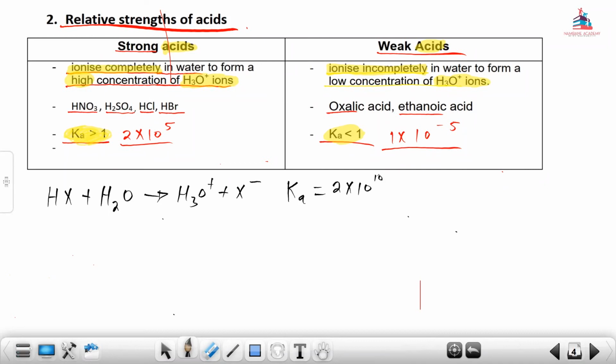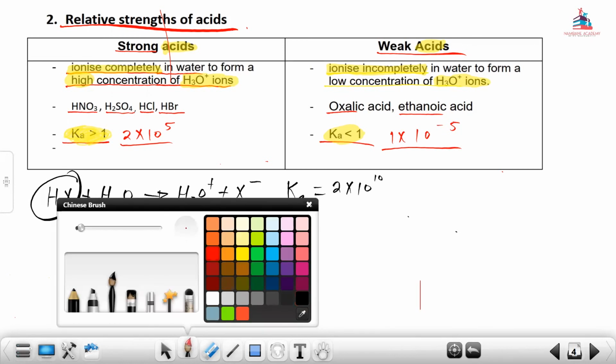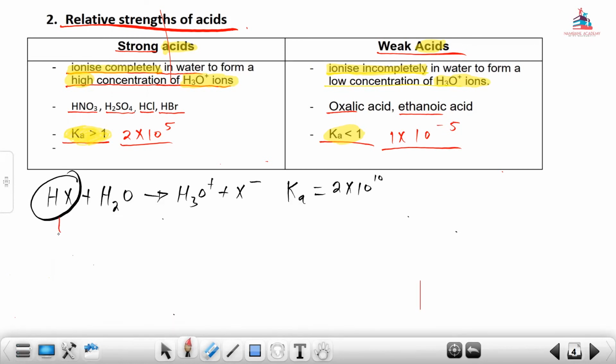And the question is, we know it's an acid because it donated a proton and produced H3O plus. Now the question comes, is HX a strong or weak acid?